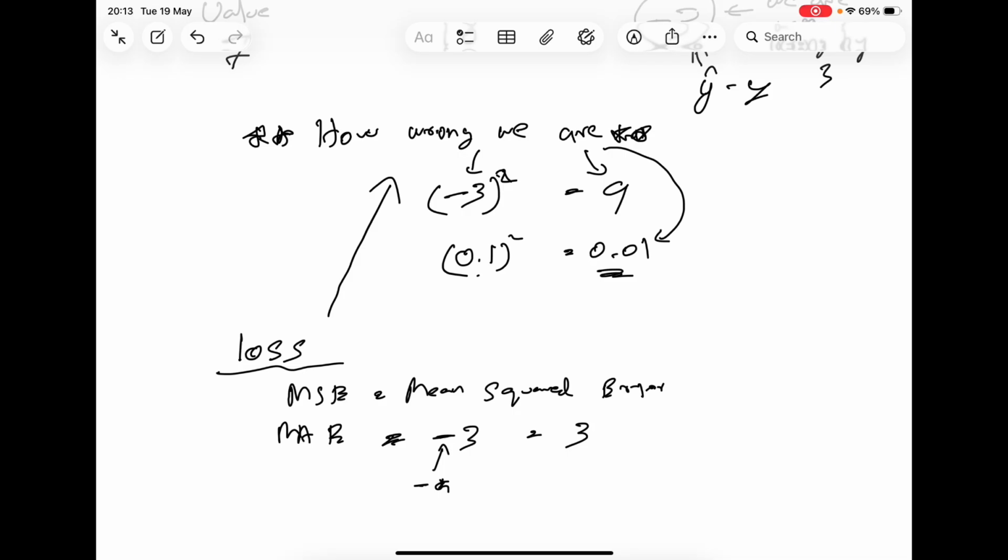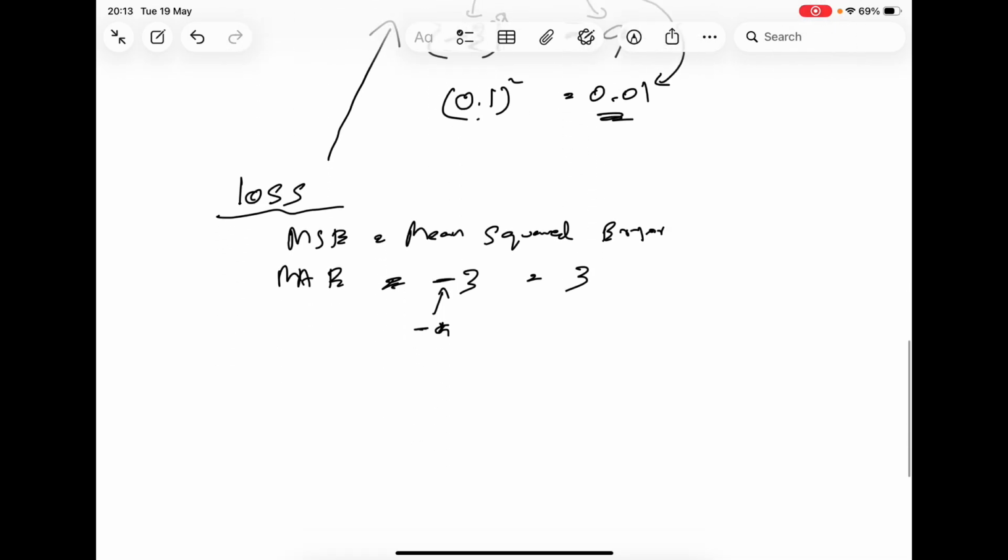There are loss functions like that. If you have time, refer to some tutorials about these loss functions.